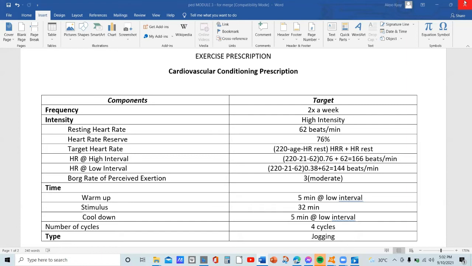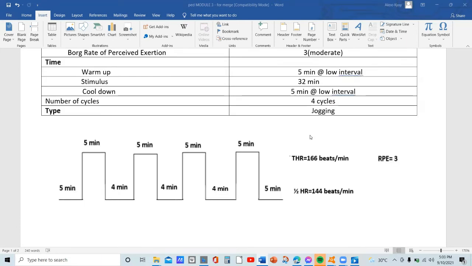To clearly explain why I got this data, I have here my graph. This is the whole cycle of my cardiovascular training, including the warm-up and the cool-down. The lower section indicates the lower interval, while the upper portion is the upper interval.